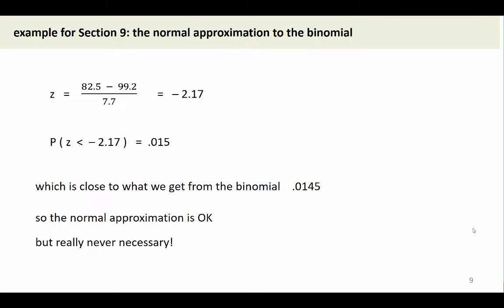It's about negative 2.17. The area below minus 2.17 is about 0.015. So that lines up pretty well with what we got from the binomial. So bottom line is the normal approximation is okay, but it's never really necessary.